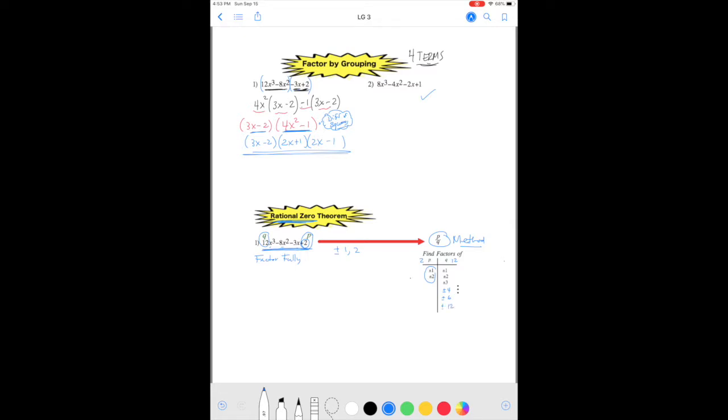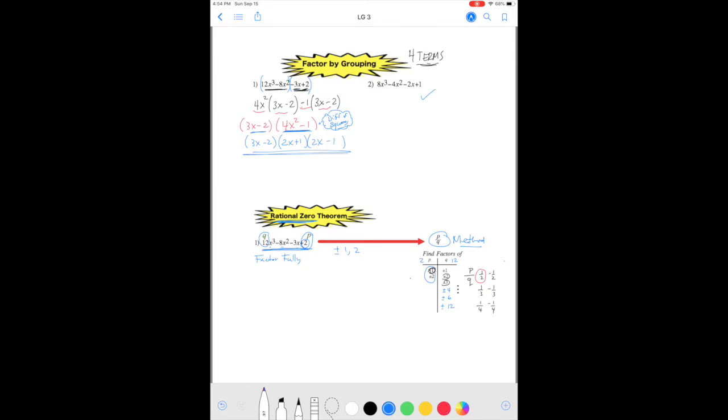Now when I list all the P over Q, I have 1 over 2, so I have 1/2 and negative 1/2. I have 1 over 3, so 1/3, negative 1/3, 1/4, negative 1/4, and so on. So you have a whole bunch of things you have to try. Let's just give it a go. Let's try one of these guys. I'm going to try 1/2 and see if I get a 0.